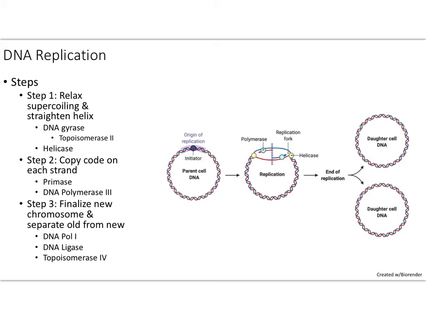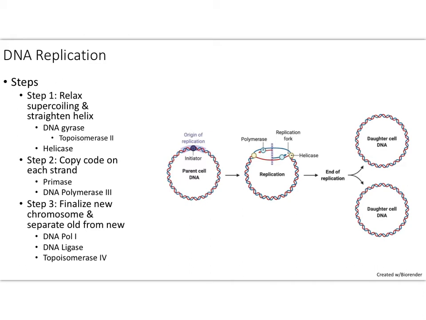So for DNA to actually exist inside cells, it has to be wound up really, really tightly and put into a really, really compact state. And this state is called being supercoiled. So the DNA is supercoiled most of the time for prokaryotes. And to be able to actually be replicated, that supercoiling has to be kind of undone and spread out.